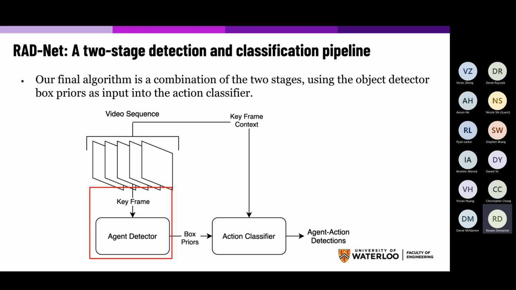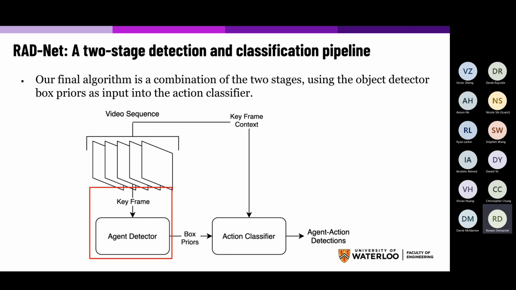But before I get to those results, here's what the overall classification pipeline looks like, in schematic form. The first stage is the agent detector and tracker. So let's say we want to detect and classify actions in a keyframe, which we'll say is the middle of some view, which comes from the overall video sequence.